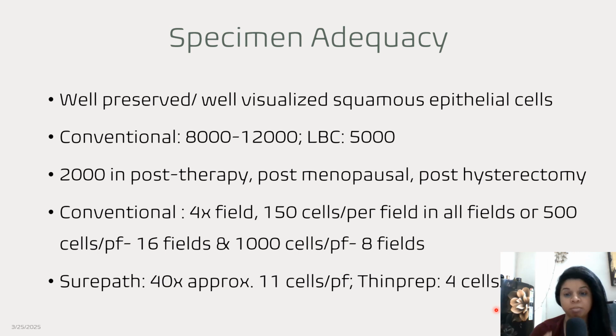Why? Because the diameter is more in ThinPrep. So when the diameter is more, obviously the cells are more spread out, so you need only 4 cells per field. But in SurePath, it is only 13 millimeter diameter, so you need more cells, that is 11 cells per field.